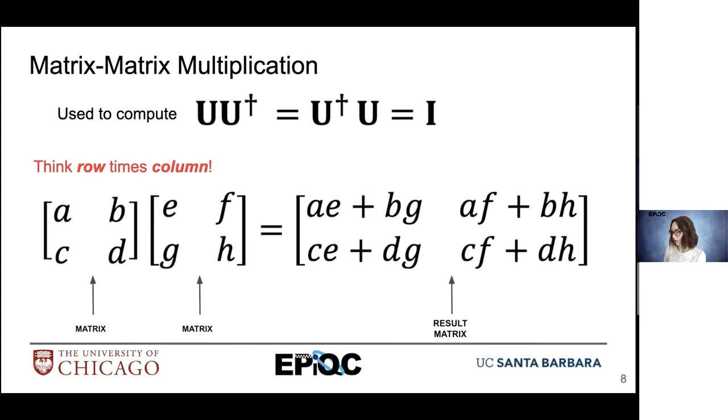So in the resulting matrix, we're going to implement A times E plus B times G to get this first element, A times F plus B times H to get this second element, C times E plus D times G to get this third element, C times F plus D times H to get that last element. So that's how you implement matrix multiplication. It's just a slightly more complex operation than matrix vector multiplication, which we've done many times.